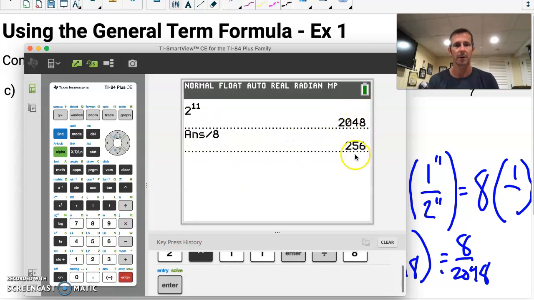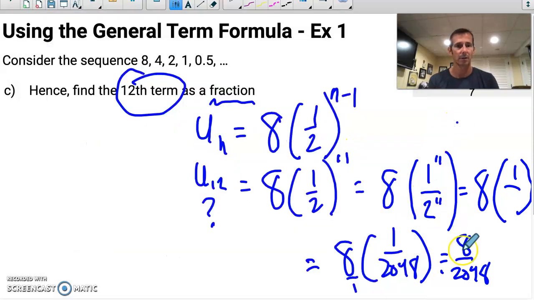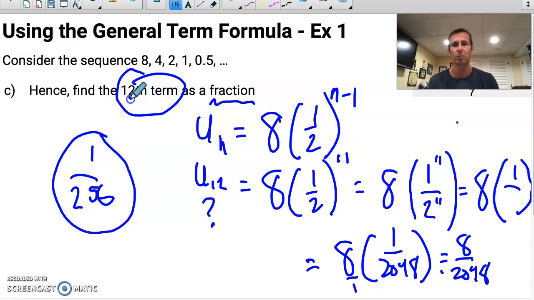And this divided by 8 is 256, which means my final answer will be 1 over 256. That would be the 12th term if I kept going in this. That's the first, second, third, fourth, fifth. You can see that I went from integers to a fraction, and those fractions are going to keep getting smaller.